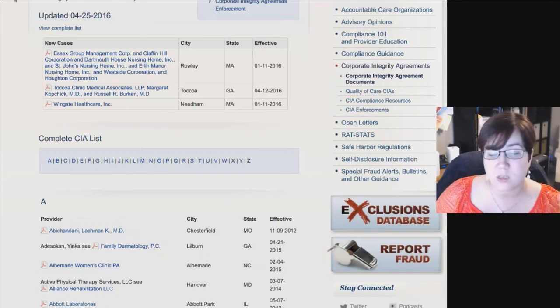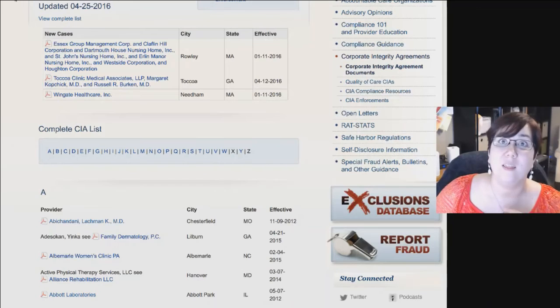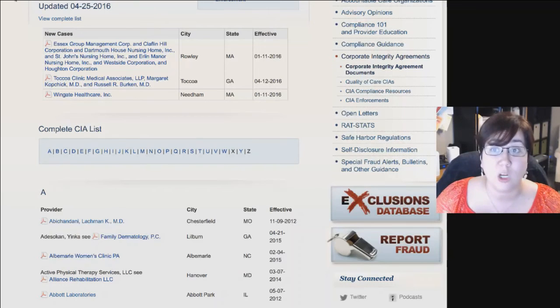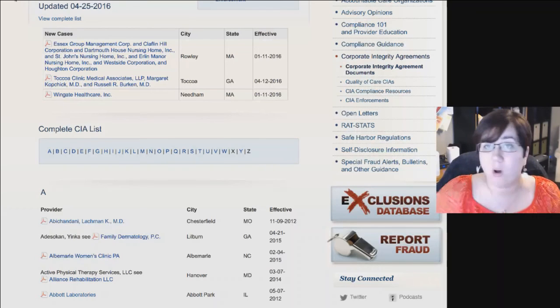Because sometimes a few of them are a little stubborn and we have to get to that extent. But it's nice to be able to see, oh, okay, this violation, look at all of the things that they had to go through and all of the different hoops they have to jump through, all because they wouldn't fix this problem up front. And if we fix this problem, all of the problem goes away.